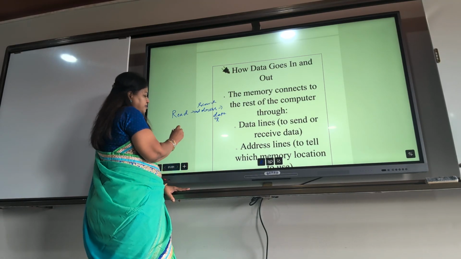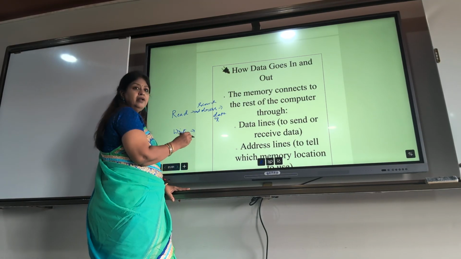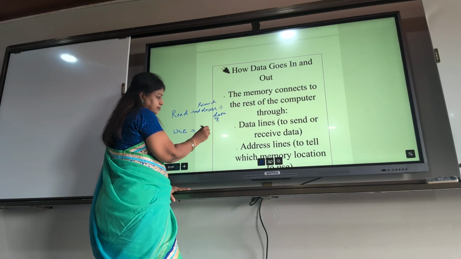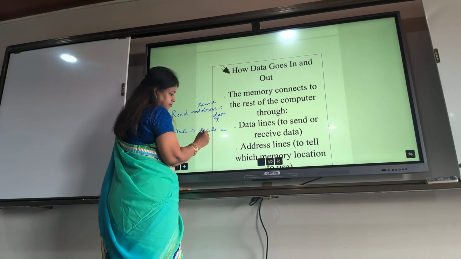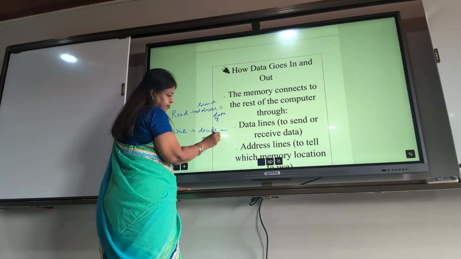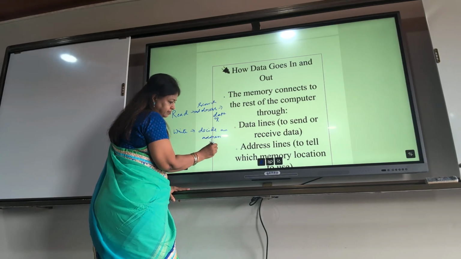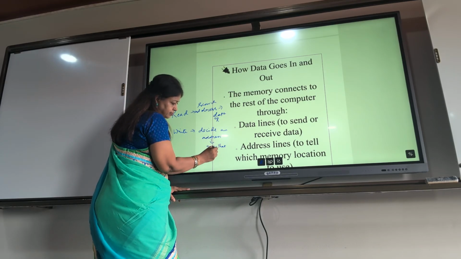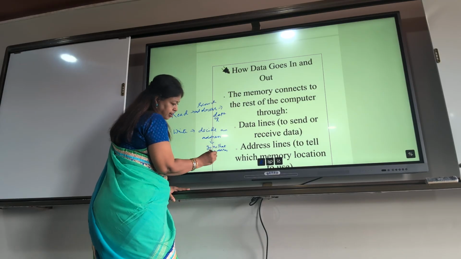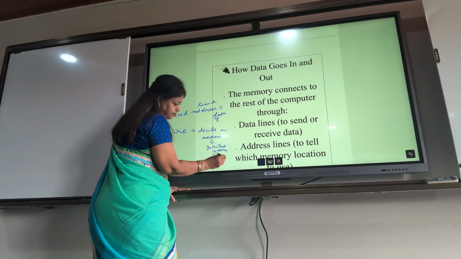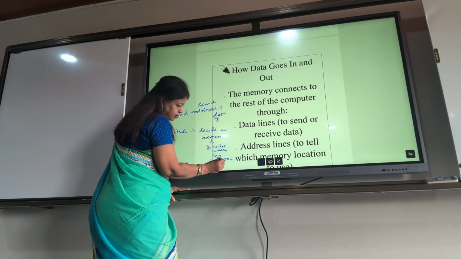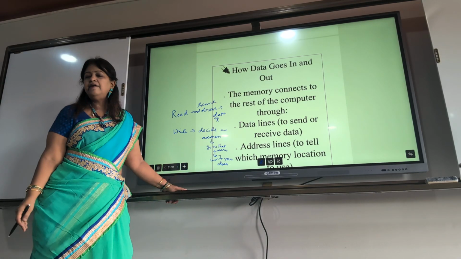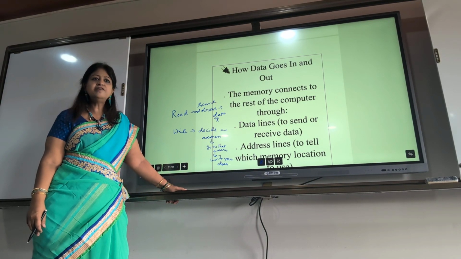When you want to write, you will decide an address, go to that address and write your data. Understood?